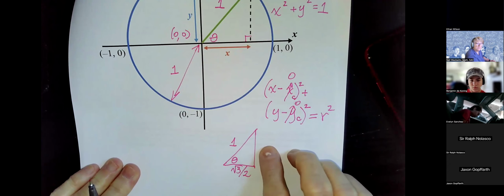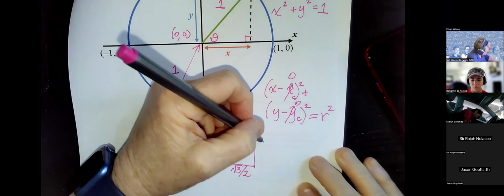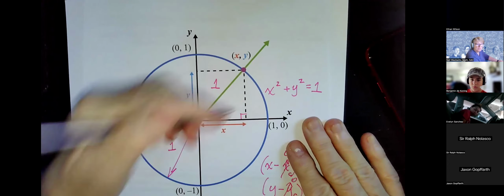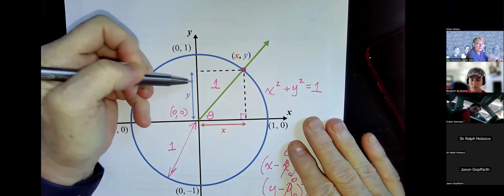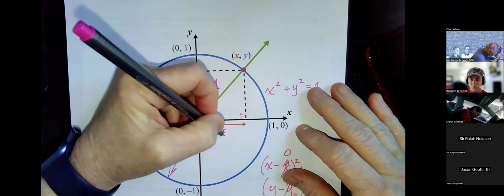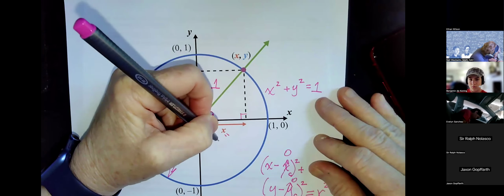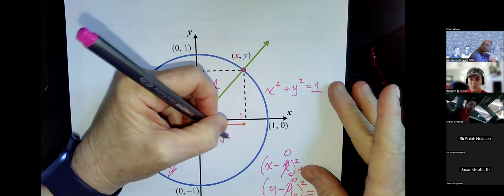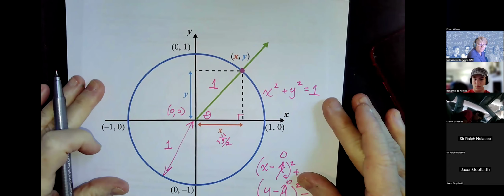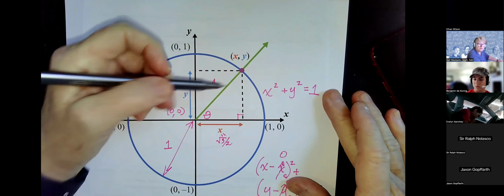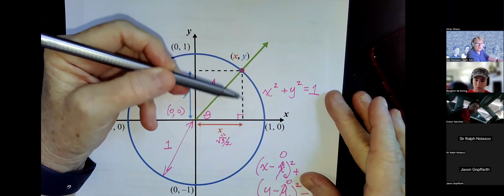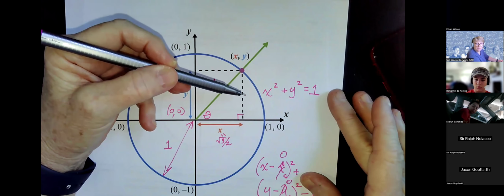What are the possible values, not of b, but of y? If we let y represent the height of this right triangle, we're saying that x, the distance across, is square root of 3 over 2. And now we want to find the possible values of y, the second coordinate, and the height of the right triangle.